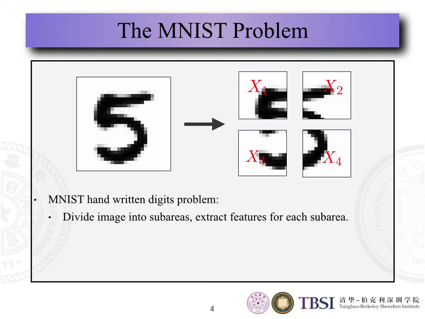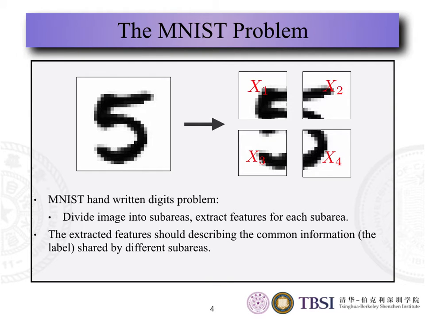Now consider another example, the MNIST problem, where we want to recognize digits from images. Typically, this problem is solved by convolutional neural networks, where each image is divided into some subareas and then features are extracted for each subarea by the convolutional neural network. Note that the goal of these extracted features is to predict the digits in the image.